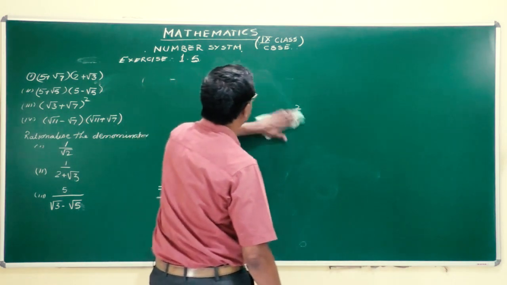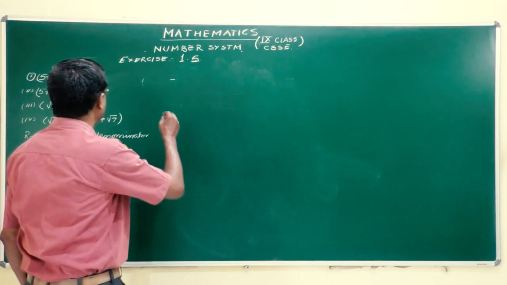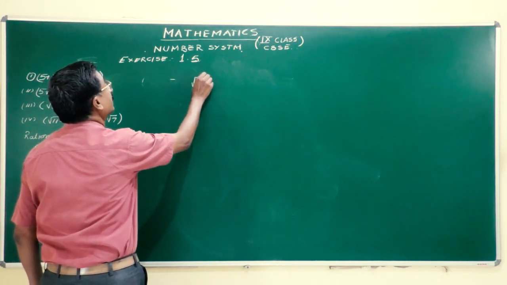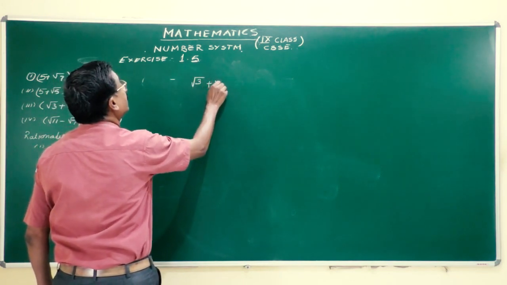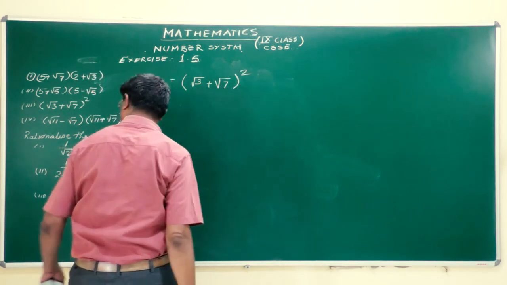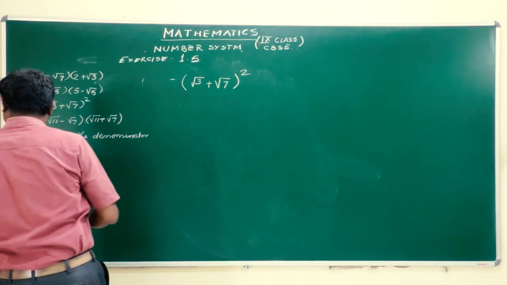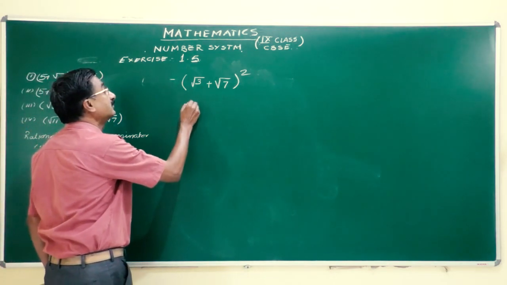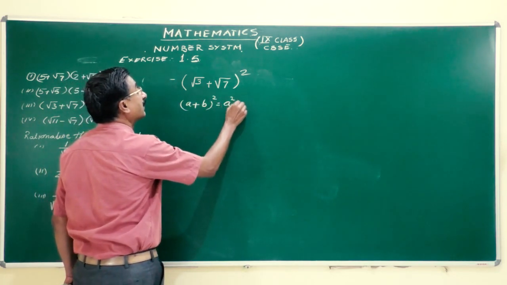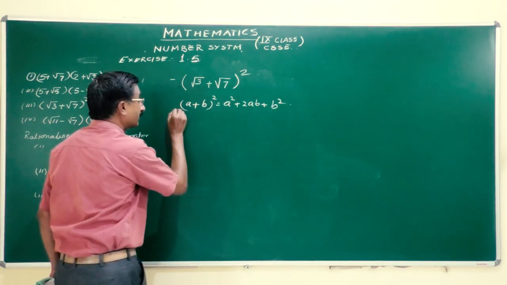Now the third one. I am sure you are aware of the identities now, because there was a gap of 2 days. Third one: root 3 plus root 7 whole square. Which identity will be used? That is a plus b whole square is equal to a square plus 2ab plus b square.